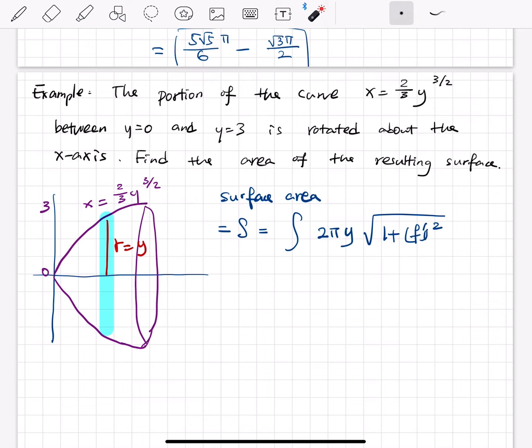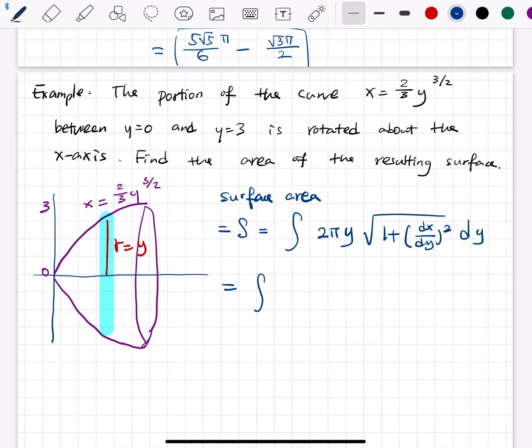And because I have x equals 2/3 y to the 3/2, y is more complicated, so I want it to be dy. In the same way, I want this one to be dx/dy squared, dy. And also because of dy, everything needs to be in terms of y. So this one I'm going to keep as the y, not in terms of x.